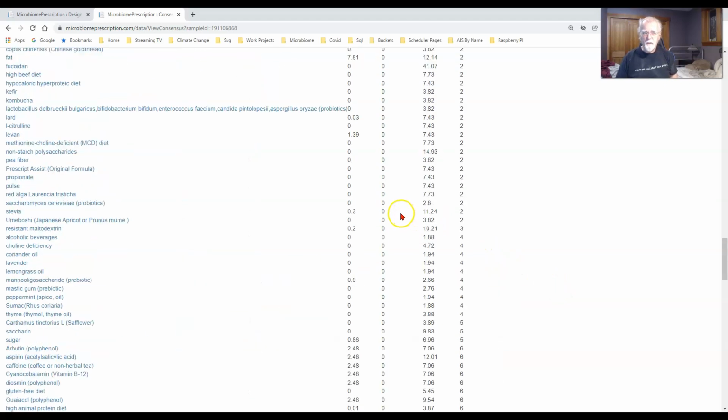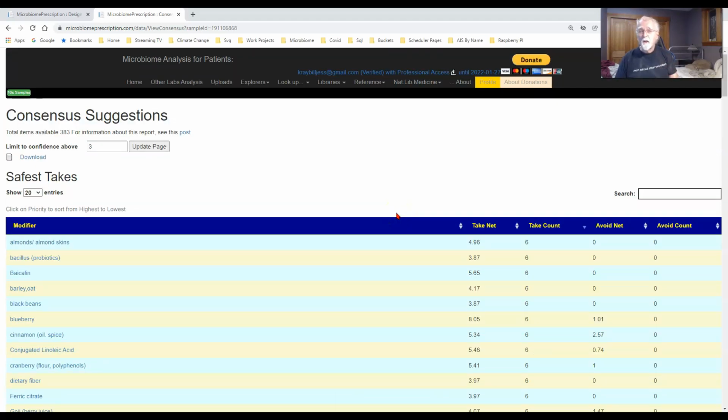Massive number of items listed because a massive number of items were evaluated. Again, keep your life simple. Take count is better than avoid count, and avoid net and take net are like the first couple here. Those are the easy ones because you are dealing with absolutely lowest risk of having a thing.